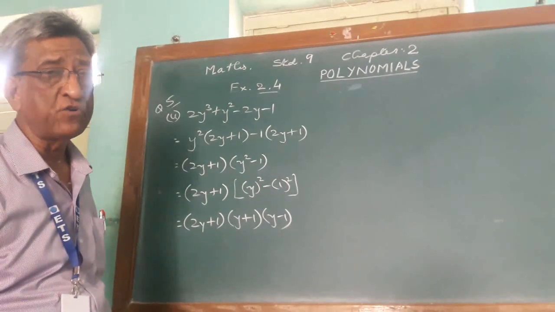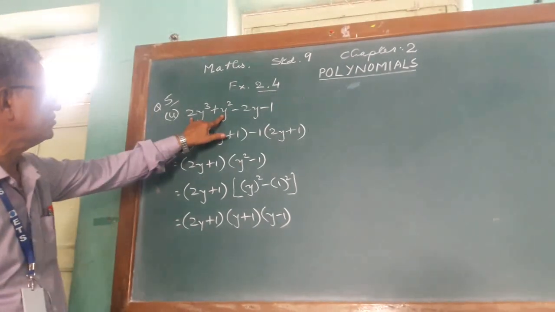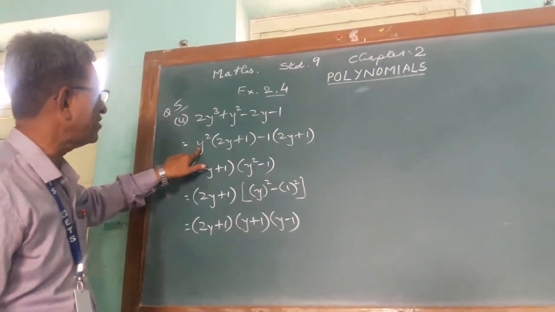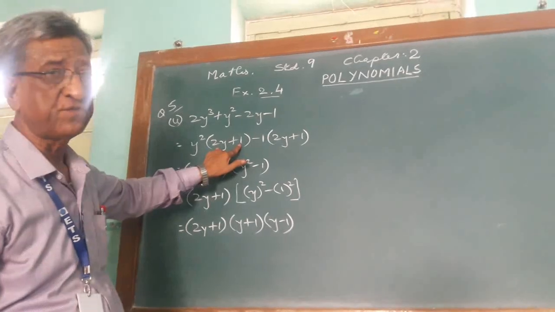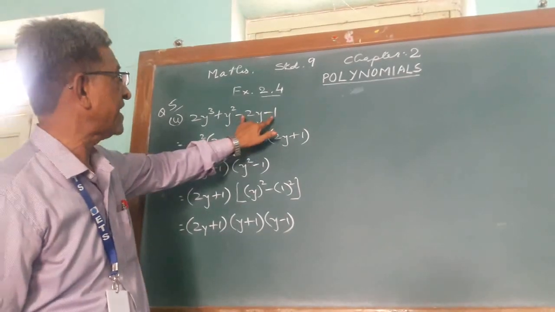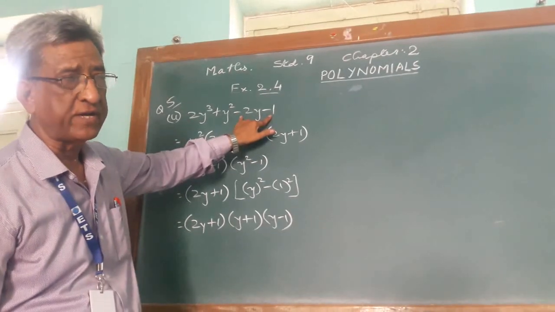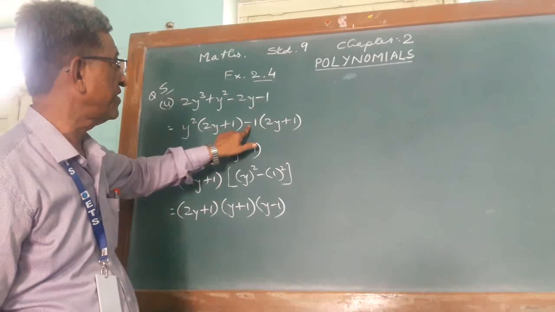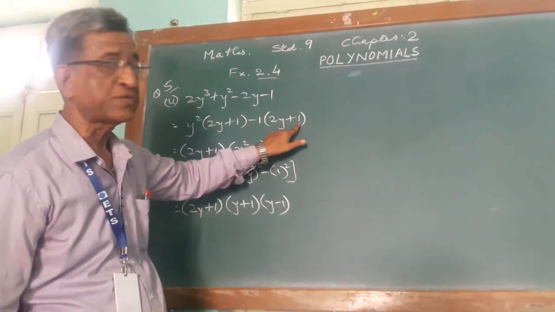What is common from the first two? y square. If I take y square common, what will remain in the bracket? 2y plus 1. Now the last two, minus 2y minus 1. Minus 1 is common, so in the bracket you will get 2y plus 1.